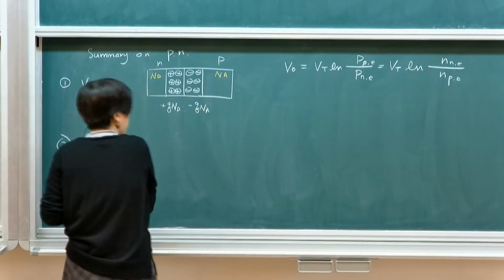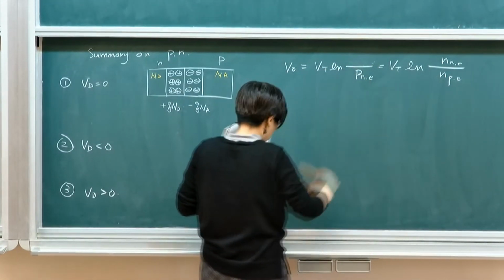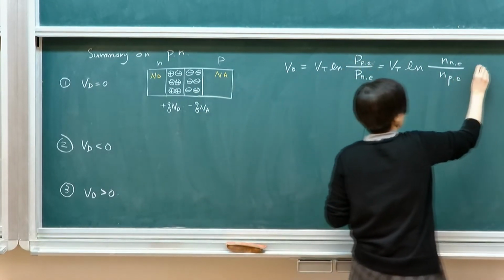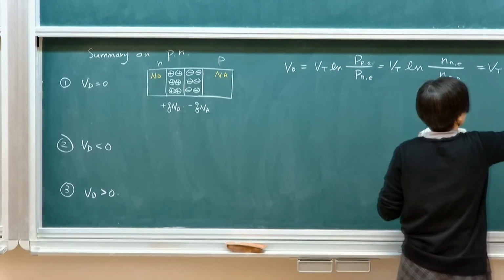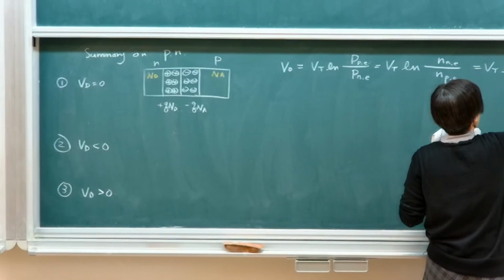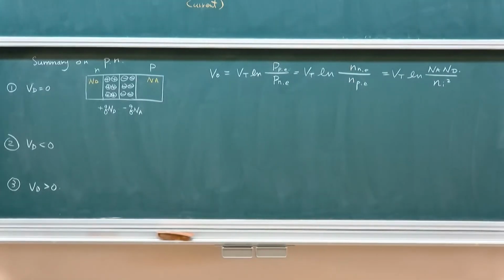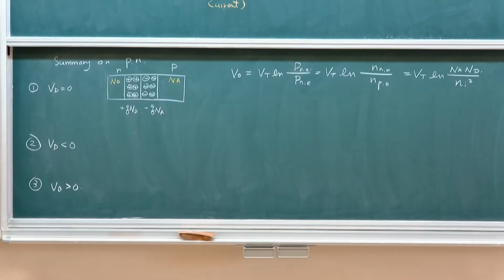Because this is the equilibrium state, it's majority, minority, PP, and then it equals Ln, Ni, Na, Nd. So once you have fixed doping, you will have a fixed counter force, the built-in potential. The higher the doping concentration, the greater the difference between the 2 carrier concentrations. Therefore, you need a higher counter force.